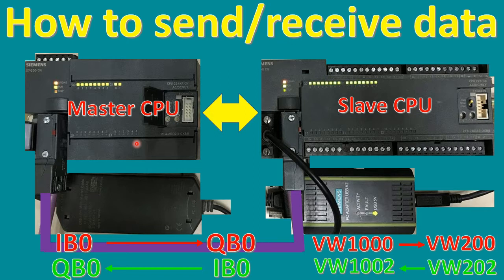So here is the concept about how to send the data. For example, I will send IB0 from the master CPU to QB0 of the slave CPU, and I will send QB0 from the slave CPU to QB0 of the master CPU, and I also send VW1000 from the master CPU to VW200 of the slave CPU.